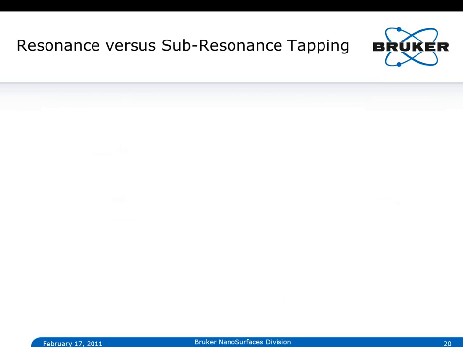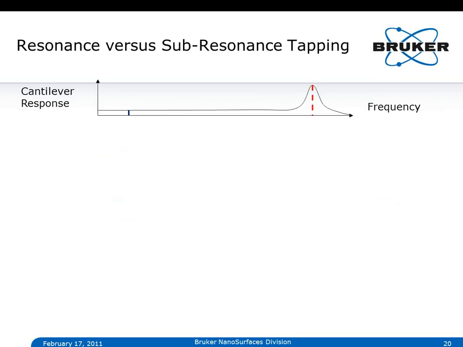Let's look at the whole thing from a different perspective. So when we do tapping mode, we plot here our cantilever response versus frequency. We work at resonance, as we already established a few slides ahead. And then of course the force we can actually work at is somewhat proportional to what kind of amplitude we're going to select as a set point here.